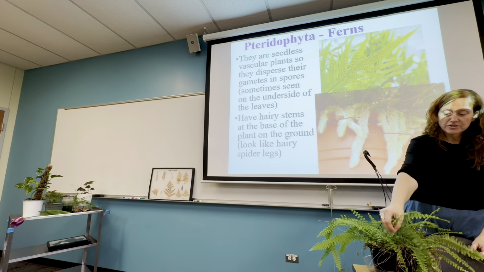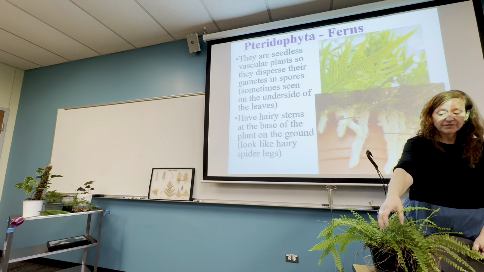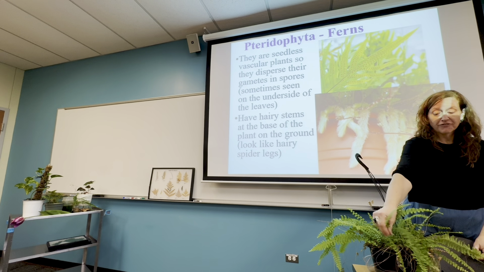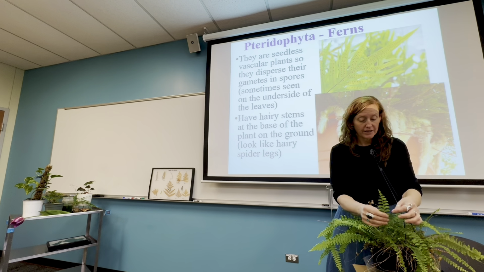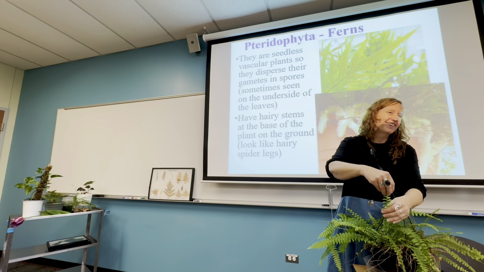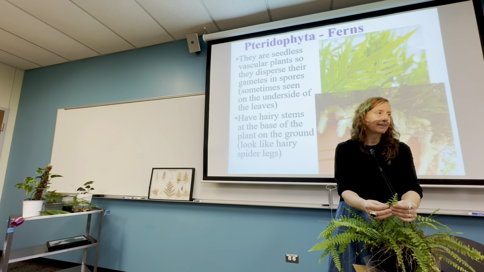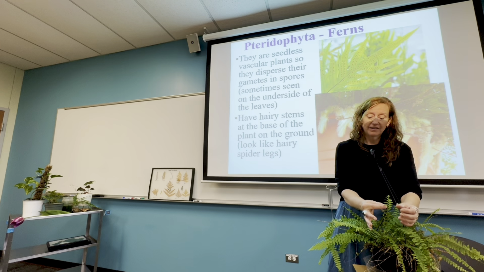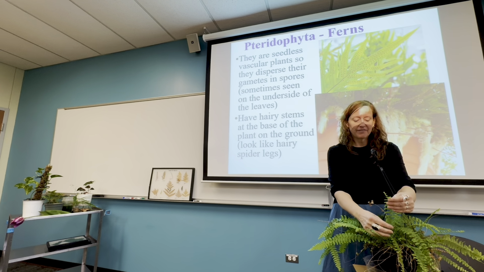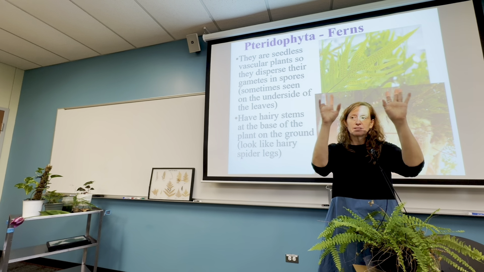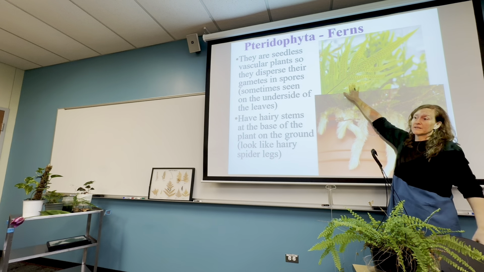You might want to say this is a whole leaf, but it's actually not an individual leaf. This is a frond, and it has what we call pinnate leaves. So each of these is a leaf. And then sometimes even the pinnate leaves have pinnate leaves on them. So you have a lot of little leaves, and then tinier leaves and tinier leaves. Sometimes the fronds are really, really big themselves.